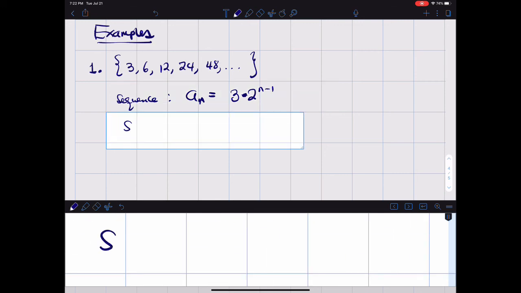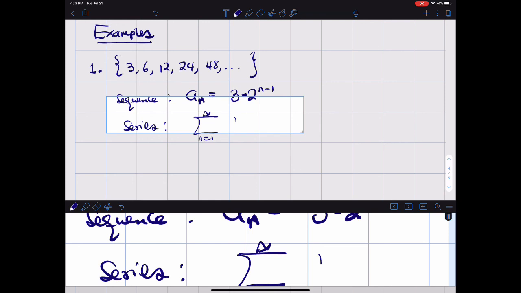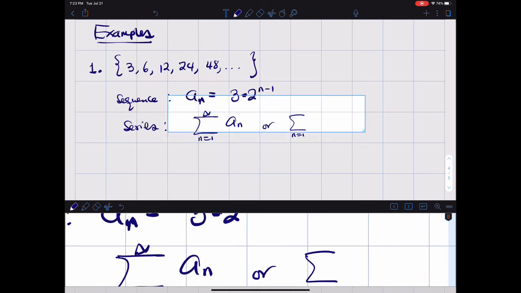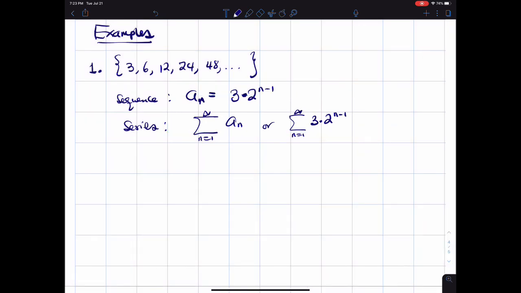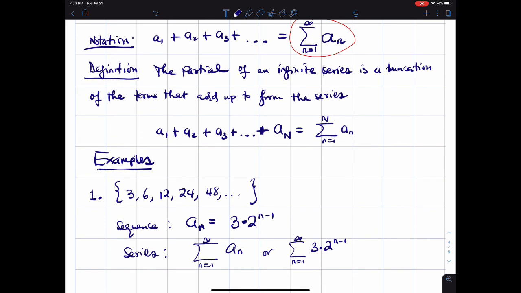Then the series will become summation n from 1 to infinity of An, or we can actually write it as summation from n to infinity of 3 times 2 to the power of n minus 1. Whatever you feel like. But I think we should stick to sequences for now. We'll come back and do a full video on series, okay?